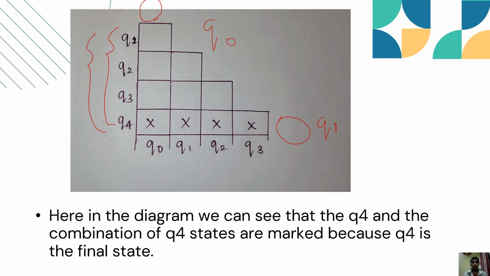And then in this table we need to mark all the combinations of the states: Q0, Q1, Q2, Q3. Here we don't have any Q4 state, so we won't have any vertical column. We'll only have the horizontal combinations which we are going to mark.